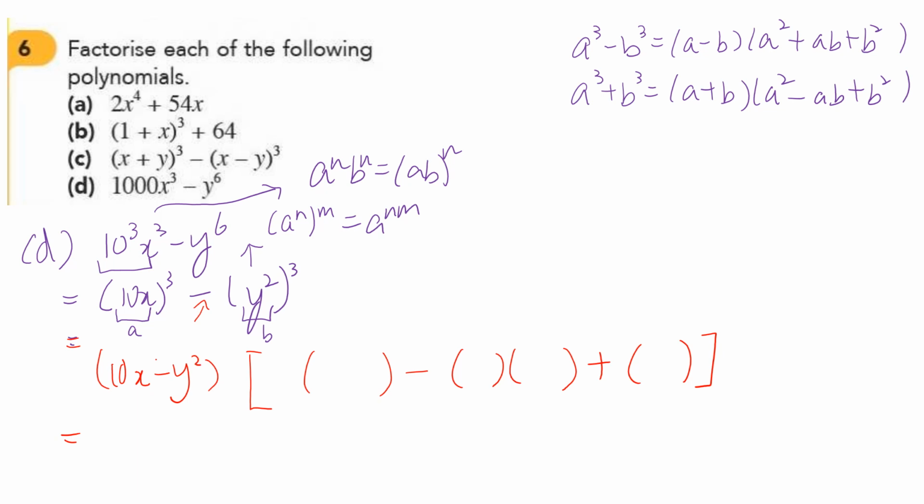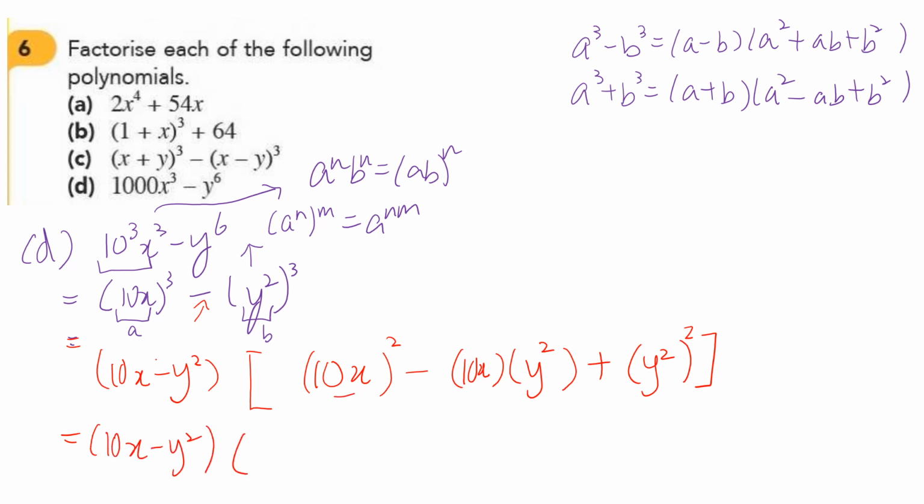Be careful, y squared. Second bracket will be a squared, so that is 10x to the power of 2. Then the next one is 10x followed by y squared, and then finally y squared to the power of 2. Okay, so let's simplify further.